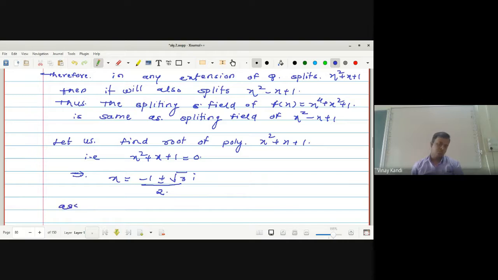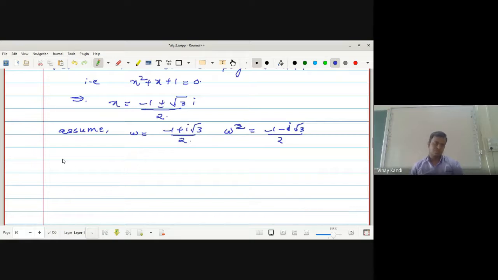Now assume the first root w = (-1 + √3 i)/2, and w^2 = (-1 - √3 i)/2.